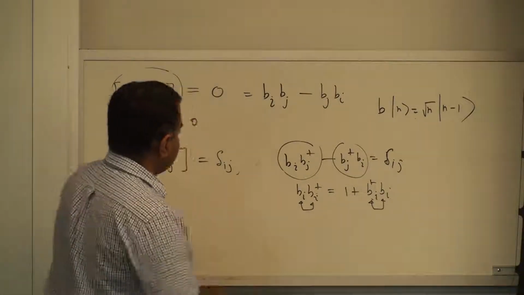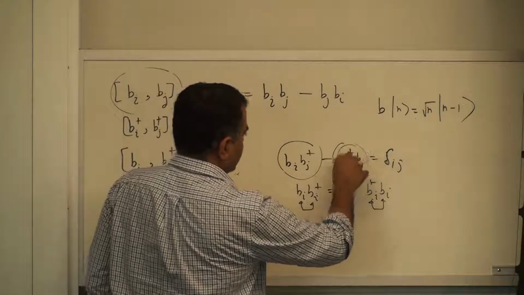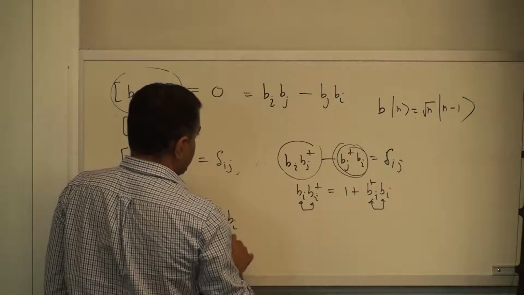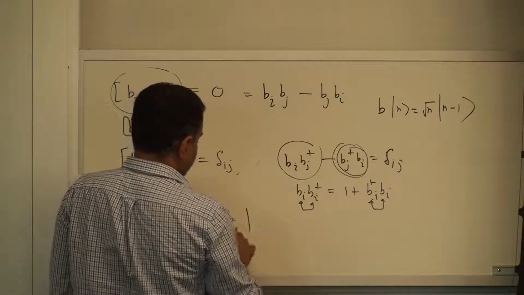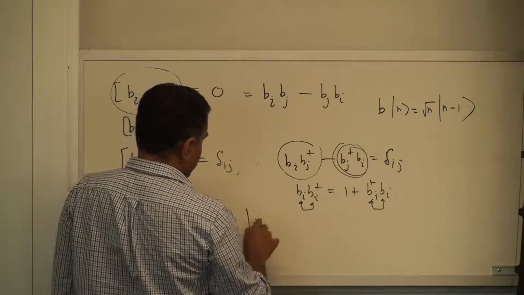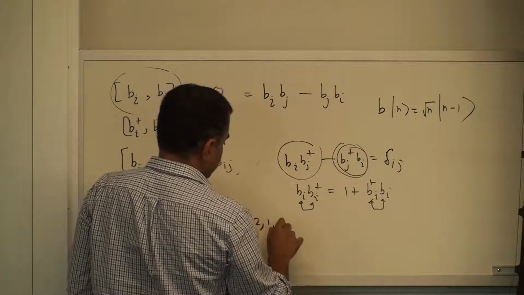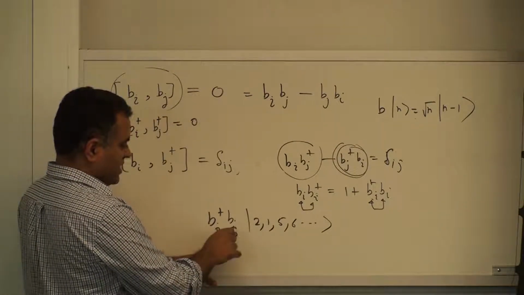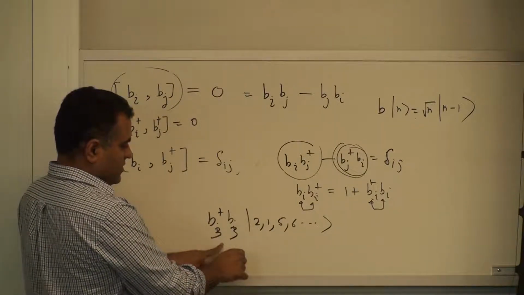And physically, this quantity is really giving you b_i† b_i. Let's say that is acting on, I make it 3, and I have 2, 1, 5, 6. So what should that give you? B3† B3.